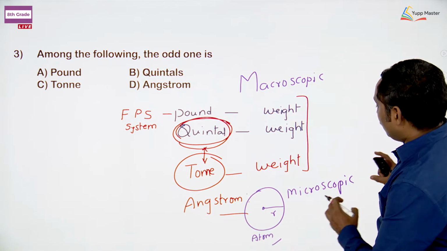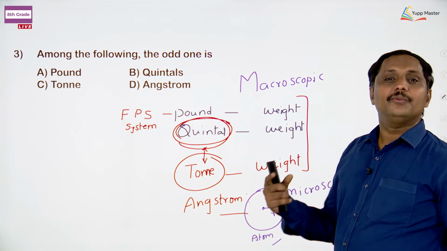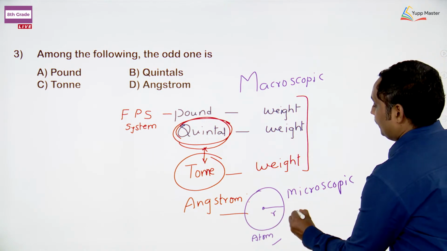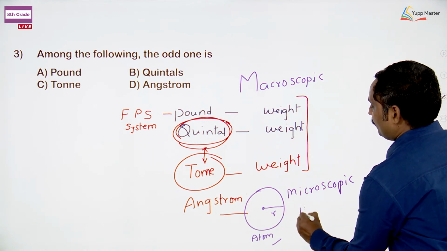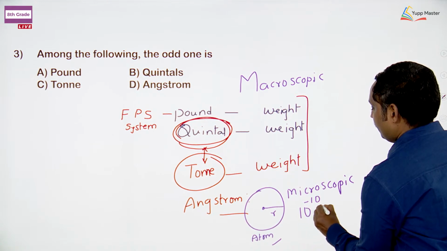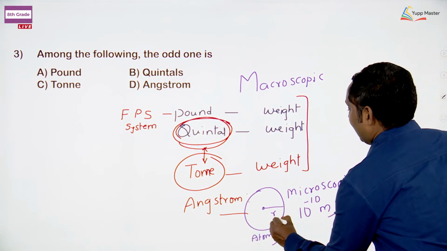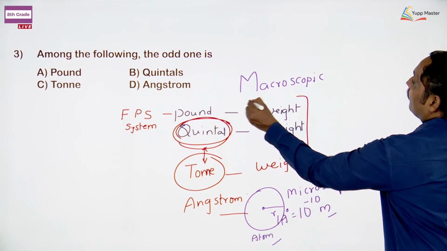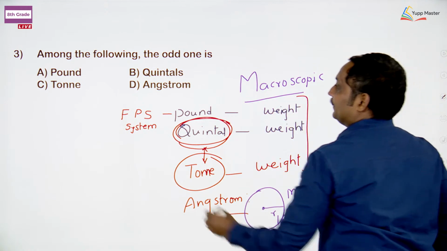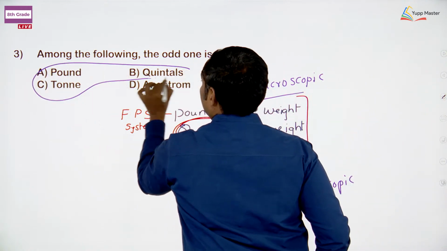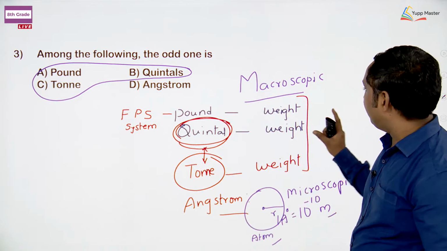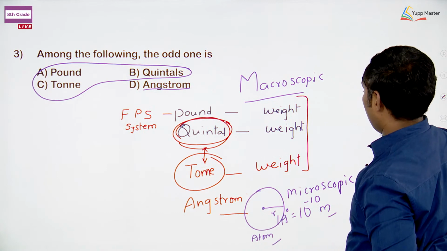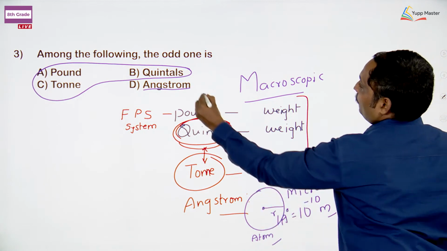Angstrom is one parameter which is used to represent the radius of one atom. Its value is going to be 10 power minus 10 meter. So 1 angstrom is equal to 10 power minus 10 meters. These three represent the weight and are macroscopic, but angstrom is going to represent the radius of an atom.